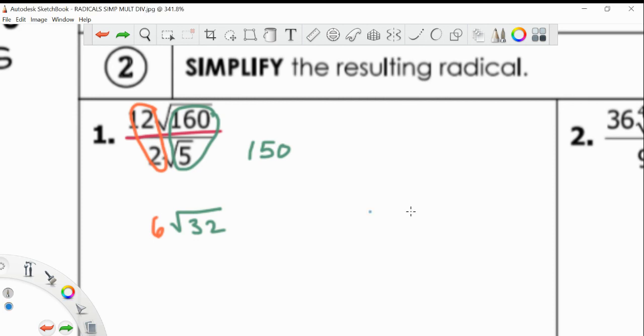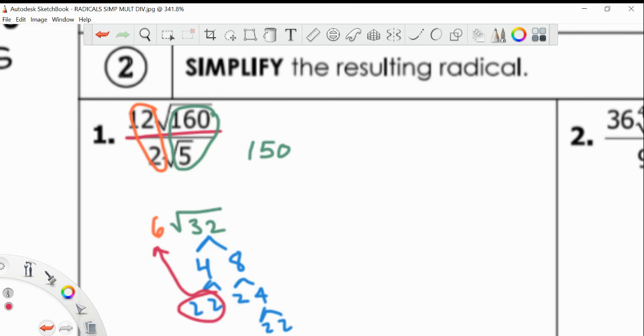Now, you cannot be done if you have something that you can simplify, right? We already looked at 32, but we'll do it one more time just to be sure. That's 4 times 8. That's 2 times 2. That's 2 times 4. That's 2 times 2. We're looking for square roots. We've got a 2 coming outside. We've got another 2 coming outside, and we have a leftover 2.